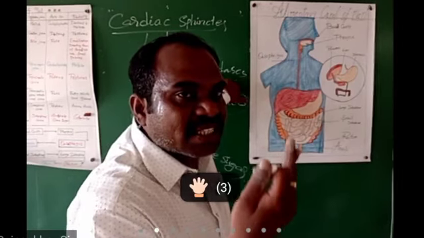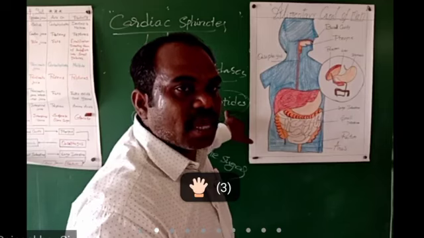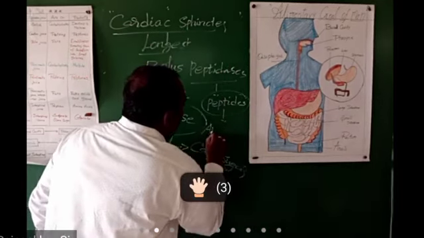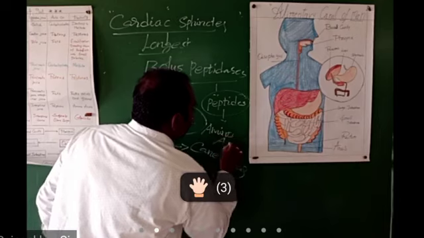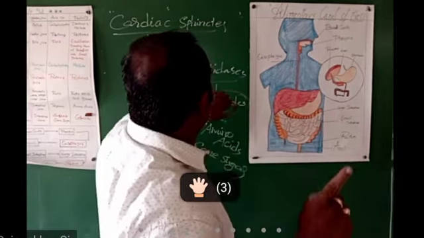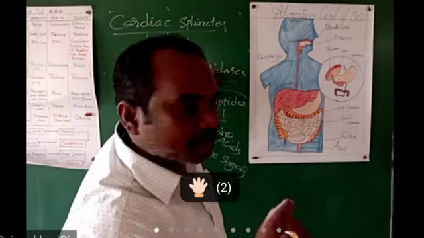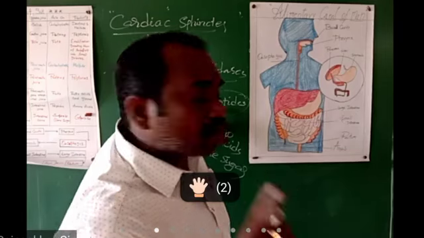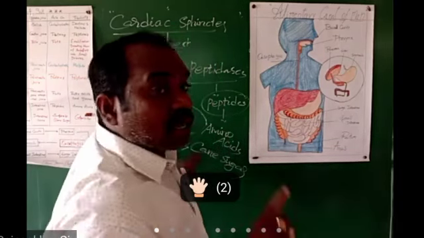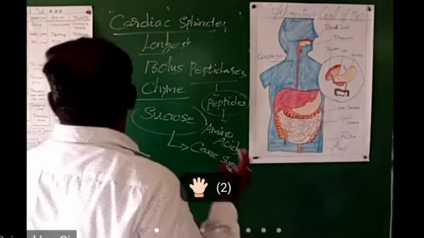Peptidases help conversion of peptides into amino acids. My dear students, the small intestine secretes peptidases, which help peptides convert into amino acids, and sucrase helps conversion of maltose sugars into glucose.